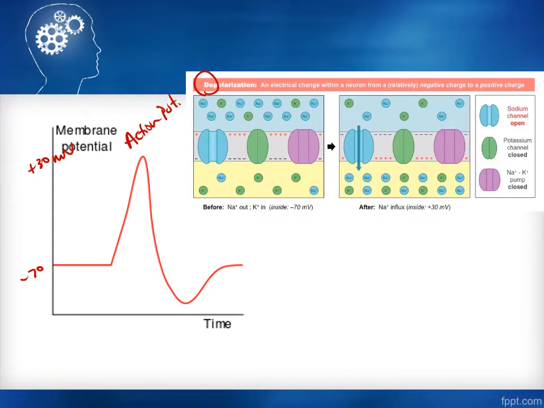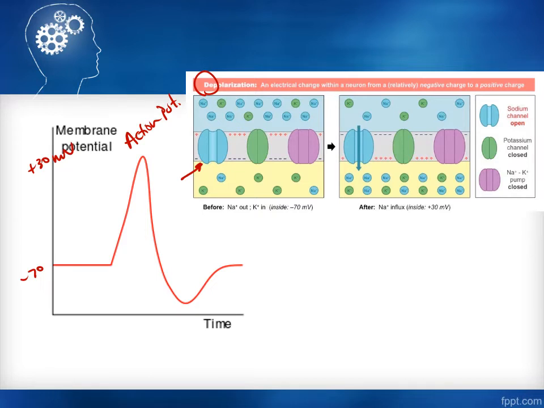How that happens is we have these amazing sodium channels. They are voltage gated, which means that the channel will open or close depending on the stimulus, the charge that is being propagated along the cell.